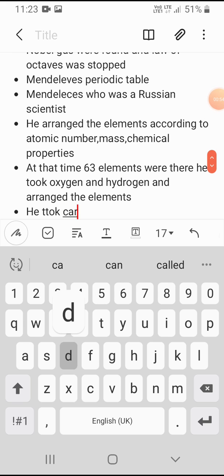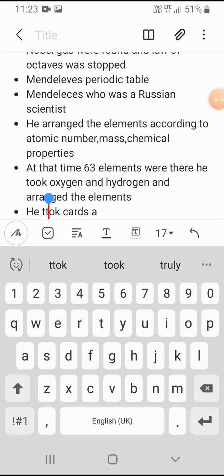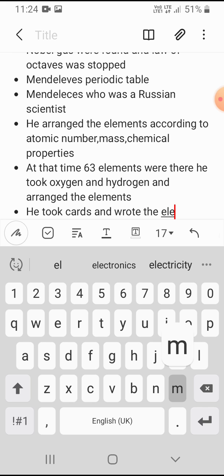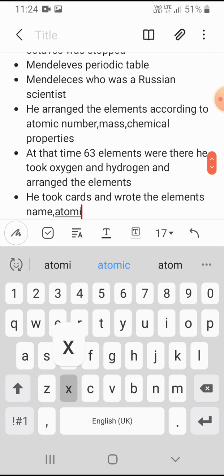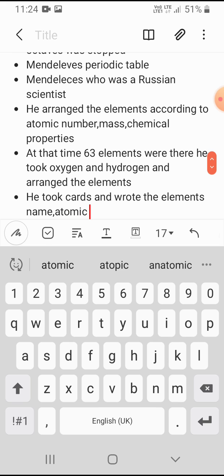He took cards and wrote the element's name, atomic mass, and what properties it has.